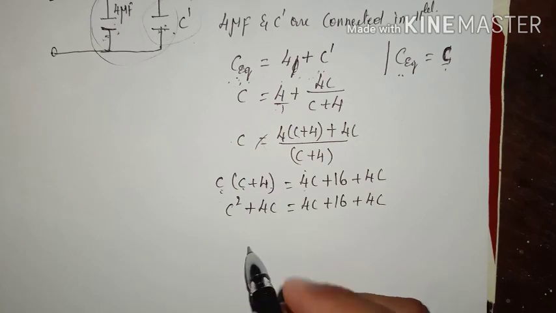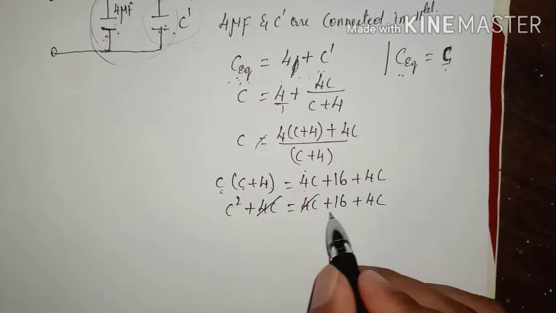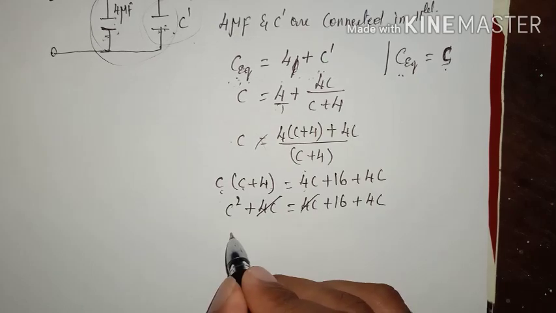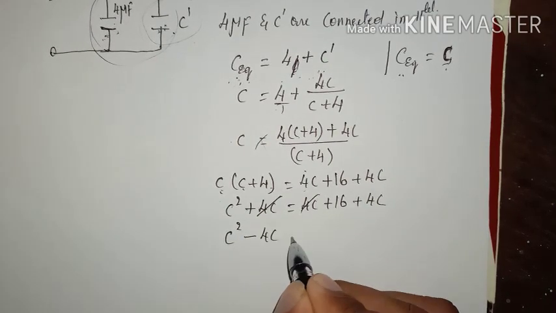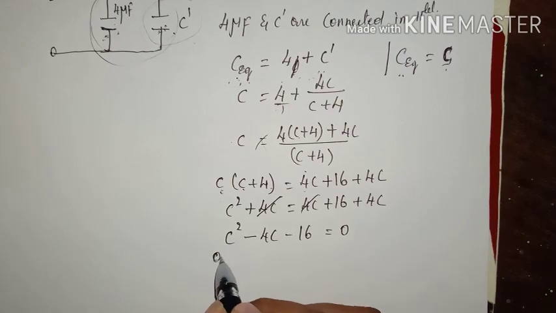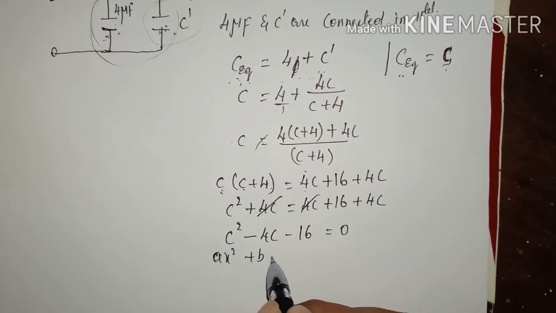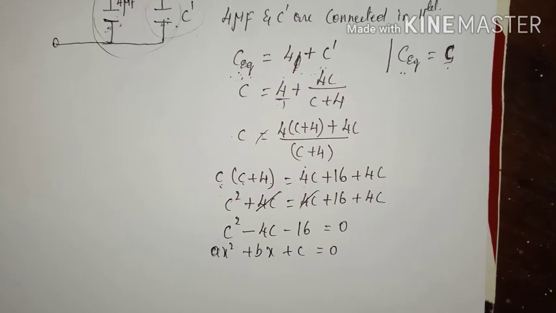Now if I send this one to the left hand side, it will become negative, then these two will get cancelled, remaining terms you just send to the left side. So C square minus 4C minus 16 equals 0. Now if you observe this one, it is in the form of ax square plus bx plus c equals 0, a quadratic equation, standard form.